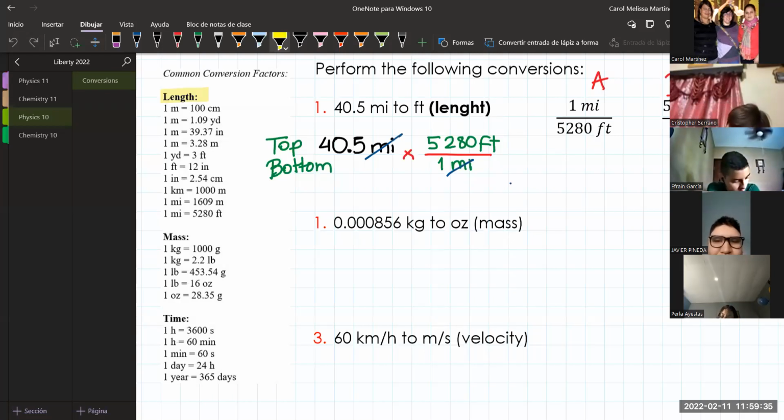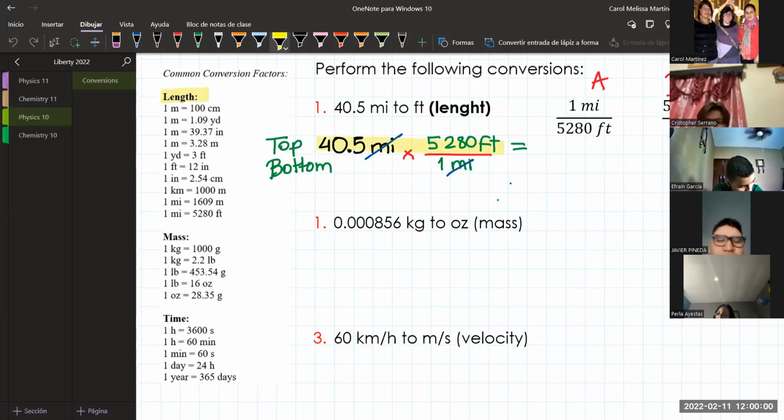As a result, in the calculator, what we need to do is, what do we do with everything that is above? Is it going to be multiplied or is it going to be divided?